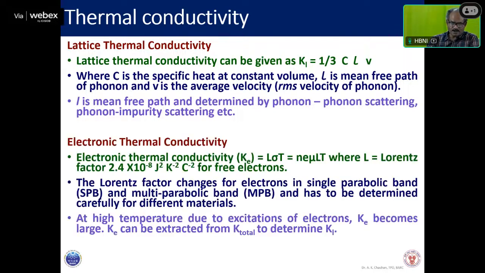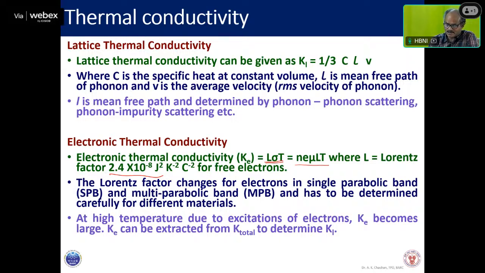The other part is electronic thermal conductivity. As I explained, it is because of the movement of the carriers. So electronic thermal conductivity can be given by LσT, and can also be given by NeμLT, where L is the Lorenz number, with this value for free electrons.